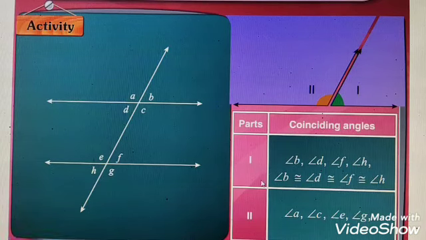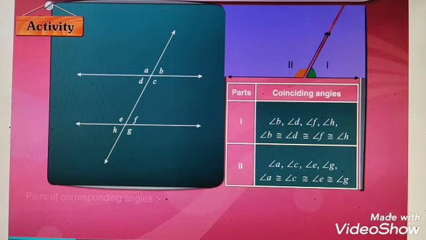Since in part 1 the coinciding angles are angle B, D, F and H, I can also say that all these angles are congruent to each other. That is, angle B is congruent to angle D, is congruent to angle F and is congruent to angle H. Similarly, we will do it for the second part. Now, you can see the second part coinciding angles are A, C, E and G. All these angles are congruent to each other.